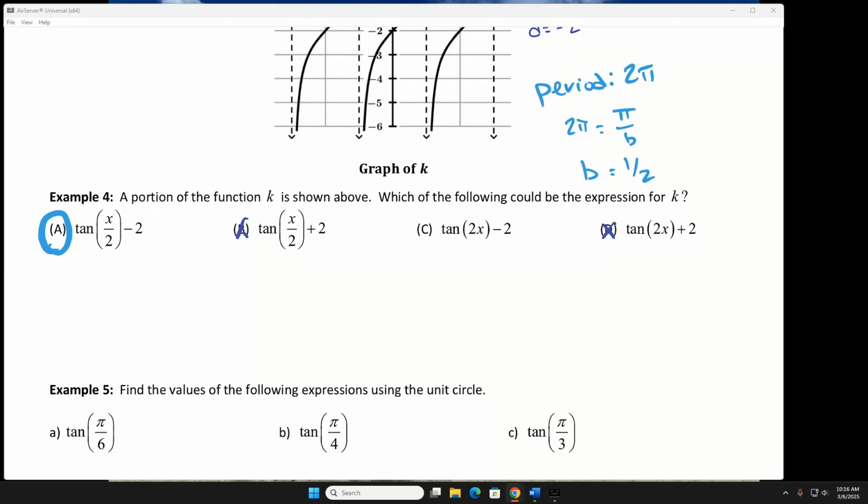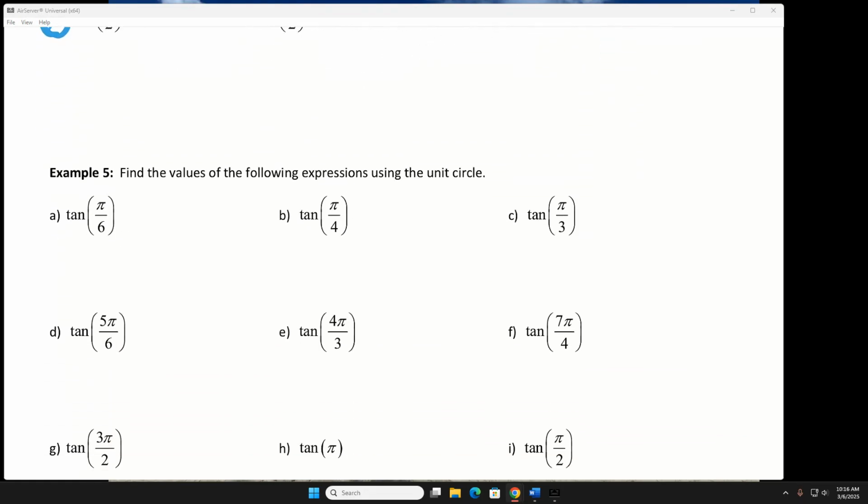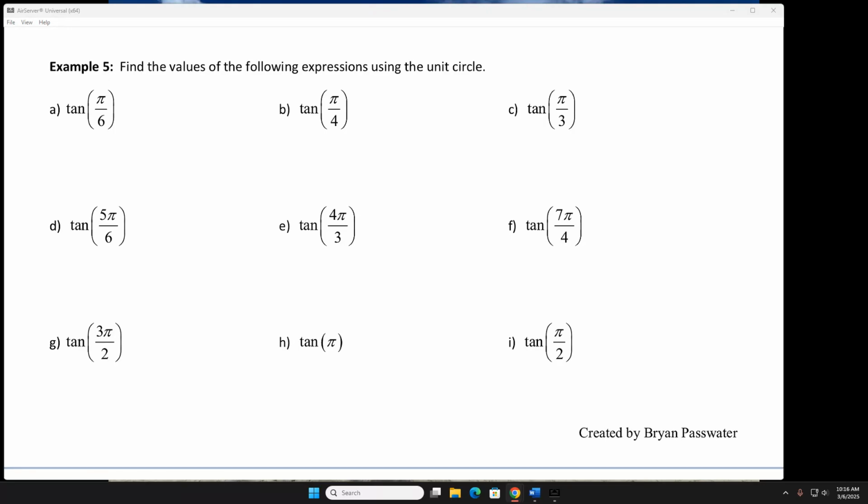Okay, and then example 5, I know this is a lot of problems, but we're actually going to do them really, really fast because we're just going to use our unit circle. All right, and so if you're looking at the unit circle and we want to find the tangent, and it's not an angle you just know the slope to, we're going to do either y divided by x or y times the reciprocal of x.